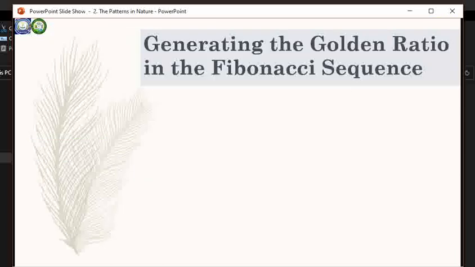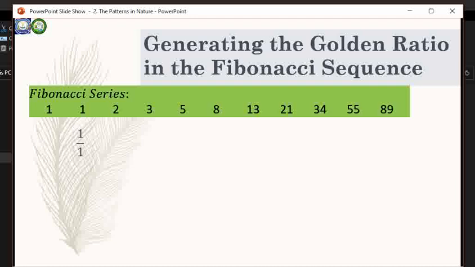Aside from that, since we have been talking about the Fibonacci sequence and the golden rectangle, we can assure that it's also related to the golden ratio. So how do we get the golden ratio here? Notice, if we divide the terms: 1 divided by 1, 2 divided by 1, 3 divided by 2, 5 divided by 3, and so on.